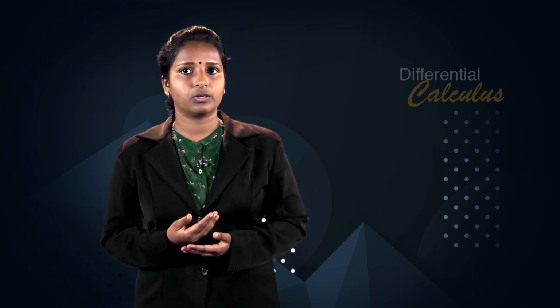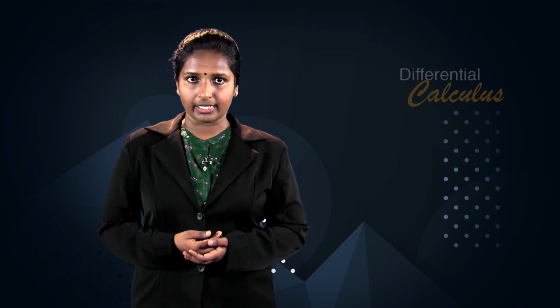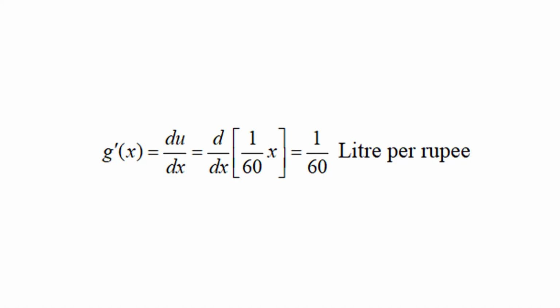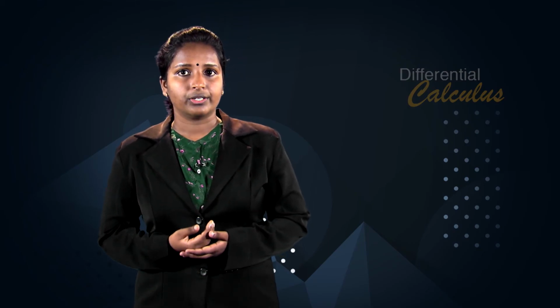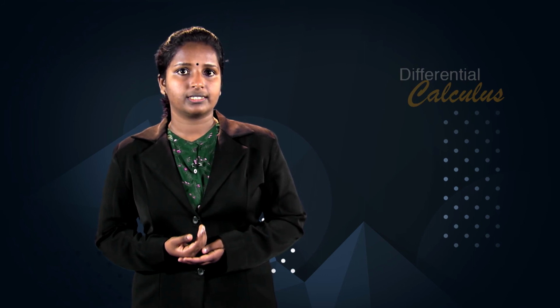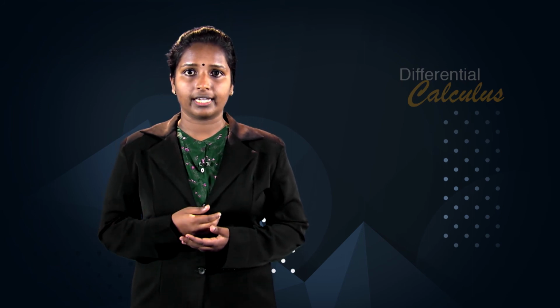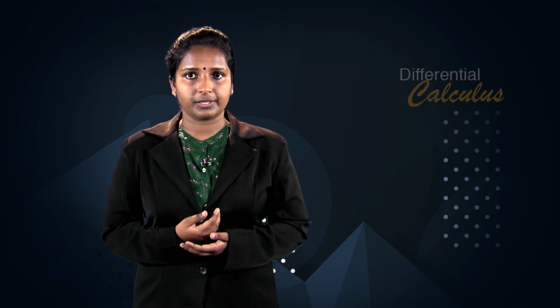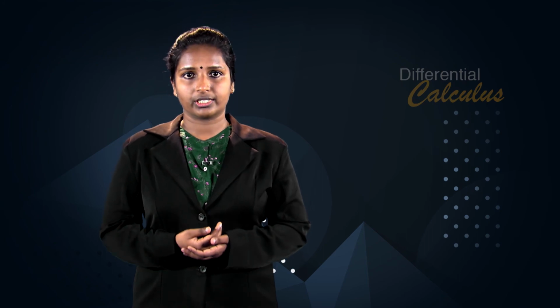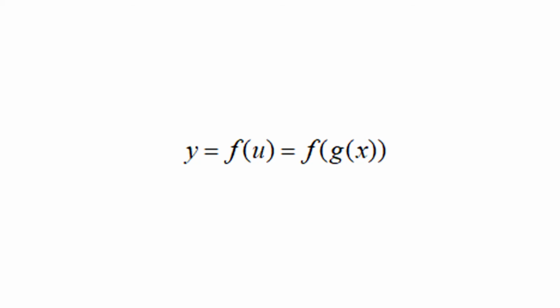Also, by applying the constant multiple rule, we obtain g′(x) = du/dx = d/dx of (1/60)x, which is equal to 1/60 liters per rupee. We note that the number y of kilometers you can travel is also a function of the number x of rupees you spend for petrol. This is expressible as the composition of functions y = f(u) = f(g(x)).